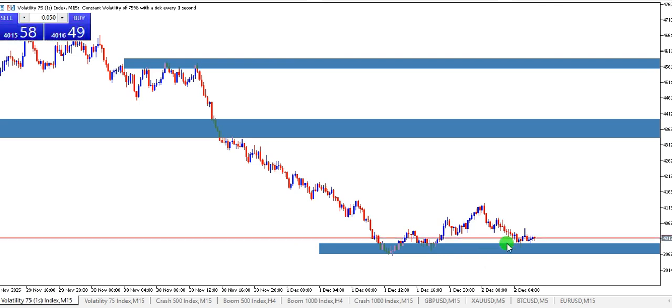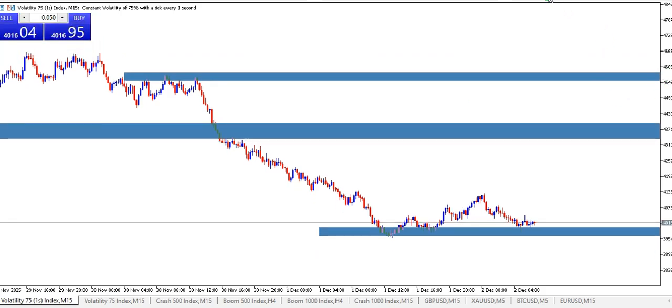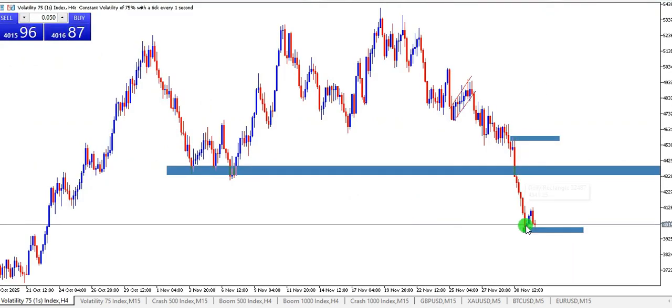I'll be starting with VIX75 1 second. Now, this zone was marked yesterday, and of course it's still very much valid. If you go to the H4 time frame, you can see this is the recent high right here, the recent low there, and then I think we have a new high. So let me mark this as a recent high. I always say that a break above this tells you the market is likely to move back here, and a break below this gives us a major bearish movement.